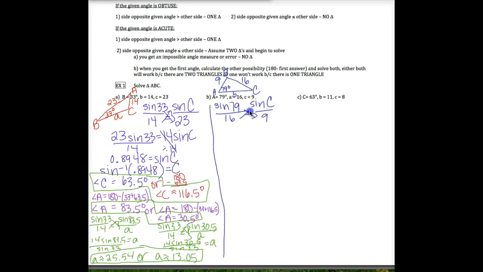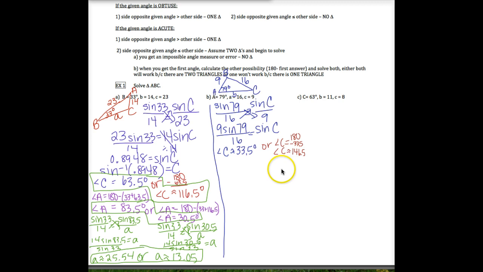So cross multiply, 9 times the sine of 79, and I'm going to be dividing that by 16 to get the sine of angle C. So when I press this in my calculator, I get angle C to be about 33.5. Once we do that, we assume two triangles. We say angle C equals 180 minus 33.5, which means angle C would be about 146.5.